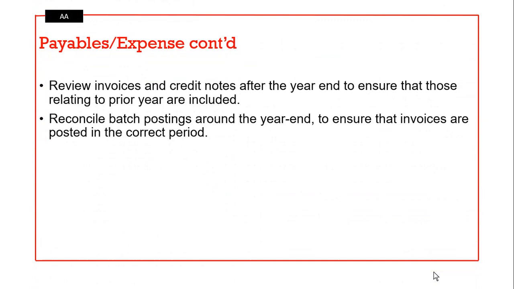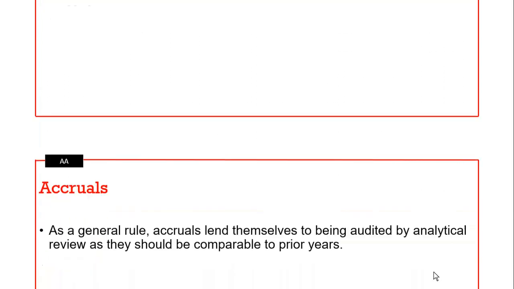You need to review invoices and credit notes after the year end to ensure that those relating to the prior year are included within the payables, because the liability is incurred upon delivery. You need to reconcile batch posting around the year end to ensure that invoices are posted in the correct accounting period.